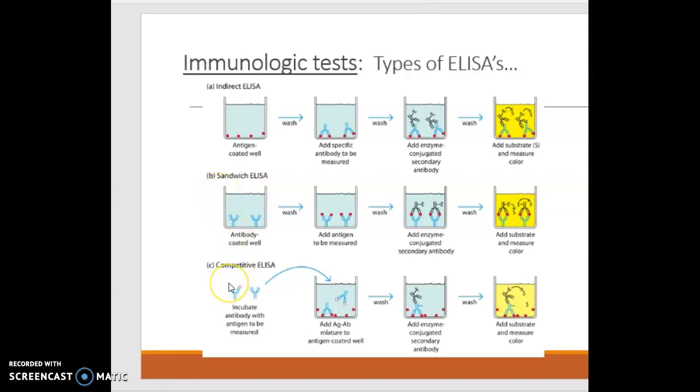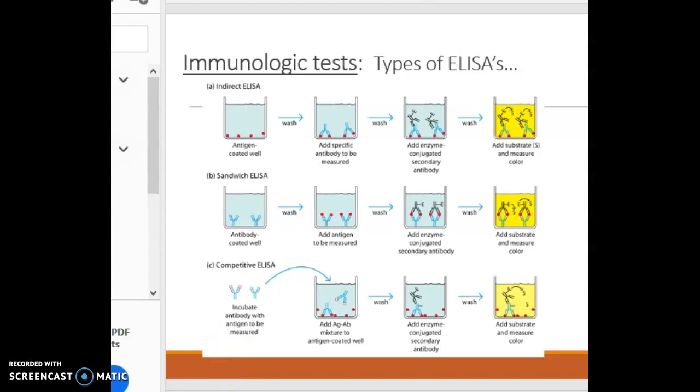Next is the competitive ELISA. Another variation for measuring the amount of antigen is the competitive ELISA. In this technique, antibody is first incubated in a solution with a sample containing the antigen.